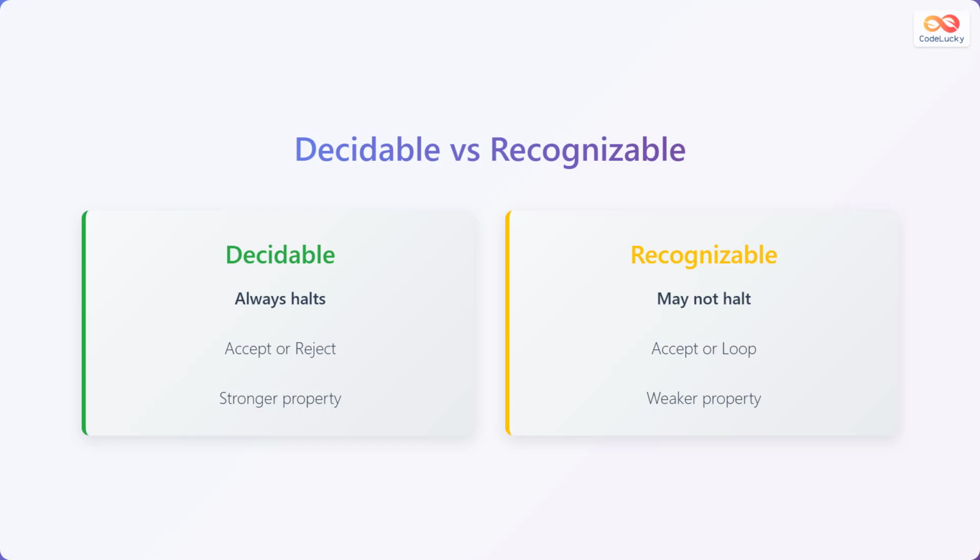For decidable languages, the Turing machine will either accept or reject the input string. For recognizable languages, the Turing machine can either accept the string or enter a loop. Because of these properties, decidability is considered a stronger property than recognizability. All decidable languages are recognizable, but not all recognizable languages are decidable.